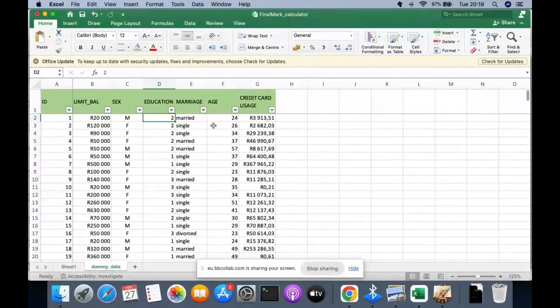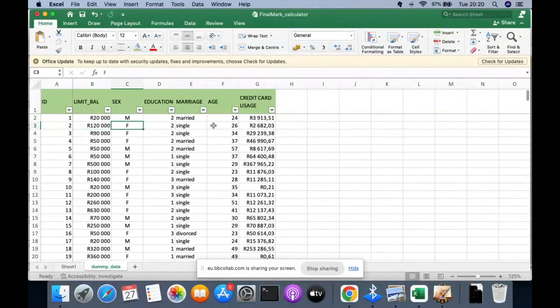Now these numbers could represent one as having a diploma, two a degree, three masters, etc. Instead of writing out diploma, degree, masters, we capture them as numbers. Marriage is straightforward, then age, and your credit card usage. So I use on average 3,913 rands. And the next person, that's their information.